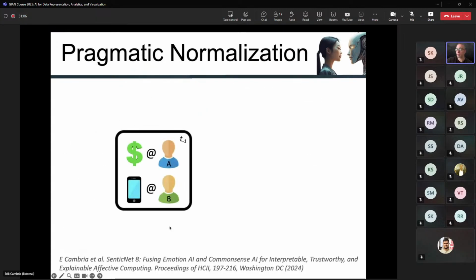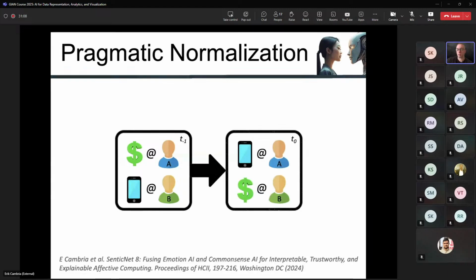But if you have something like this, they can all be connected, and reasoning can happen only at the pragmatic stage, where you just assign a polarity or a set of emotions based on what's really happening there, what's the current state of affairs of the operating environment.